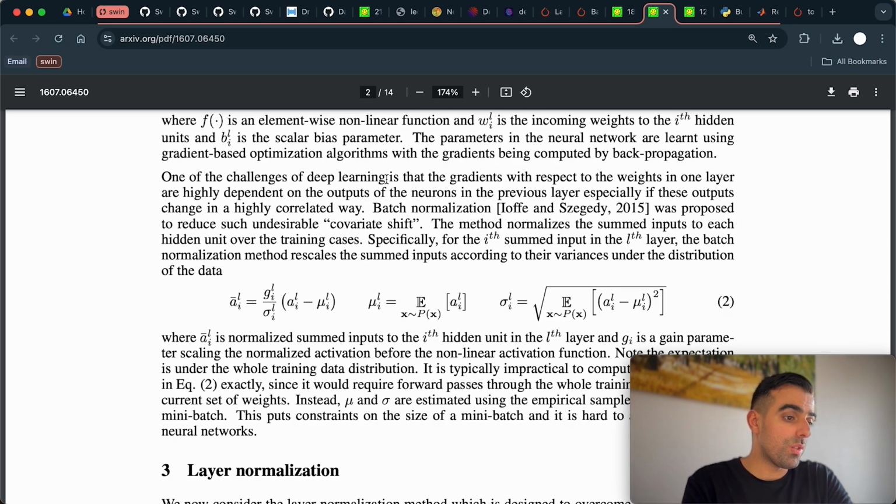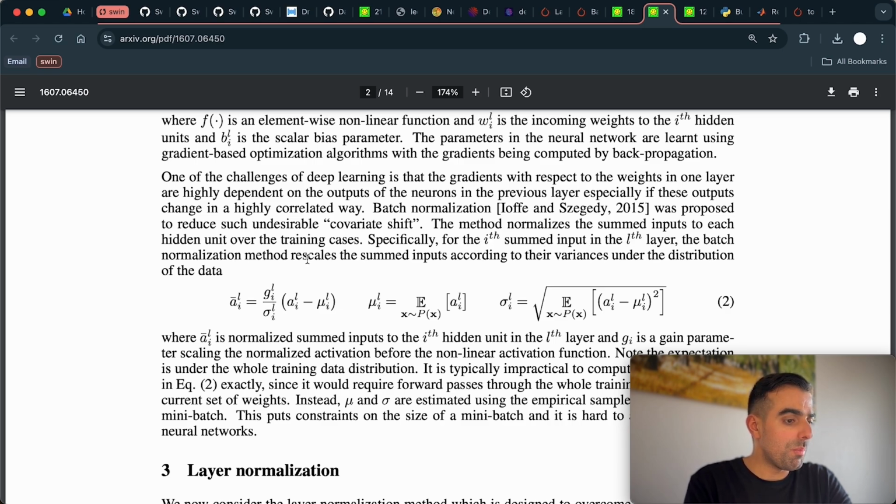One of the challenges of deep learning is that the gradients with respect to the weights in one layer are highly dependent on the outputs of the neurons in the previous layer, especially if these outputs change in a highly correlated way. Batch normalization was proposed to reduce such undesirable covariate shift. The method normalizes the summed inputs to each hidden unit over training cases, specifically for the ith summed input in the lth layer.